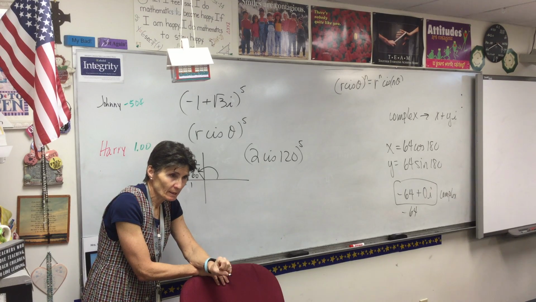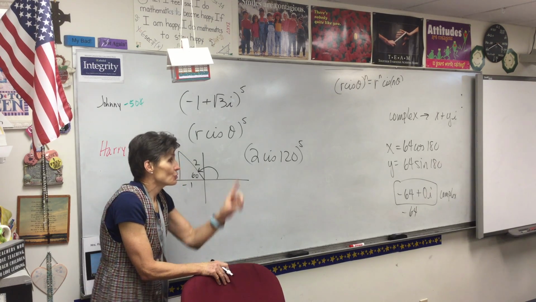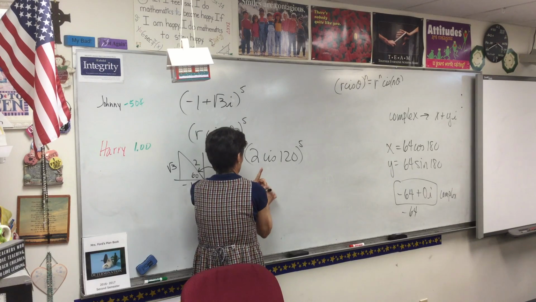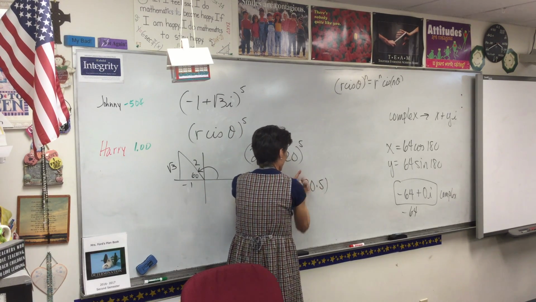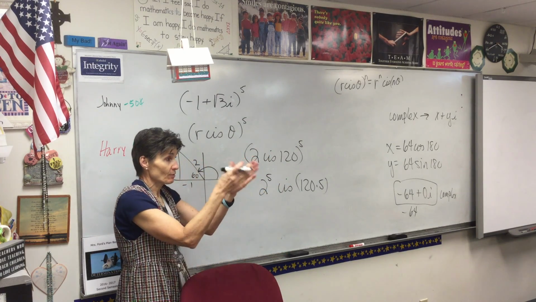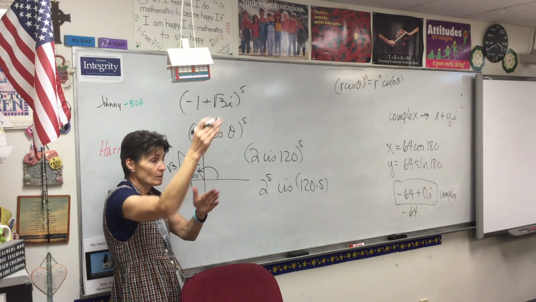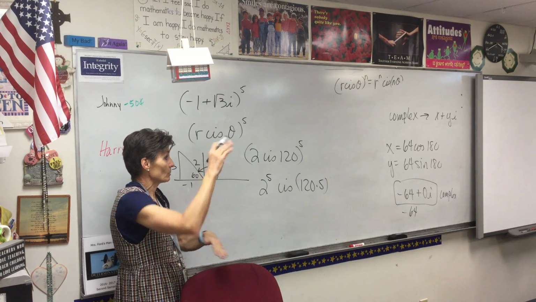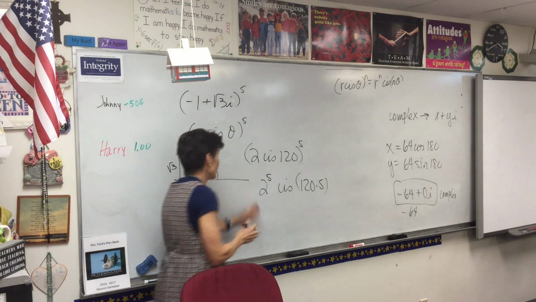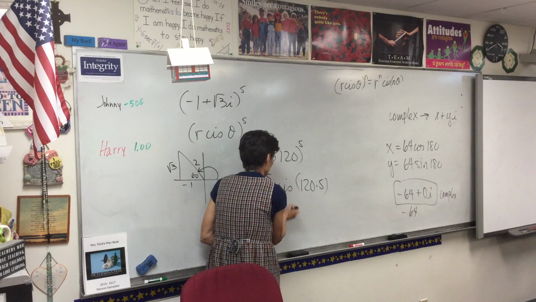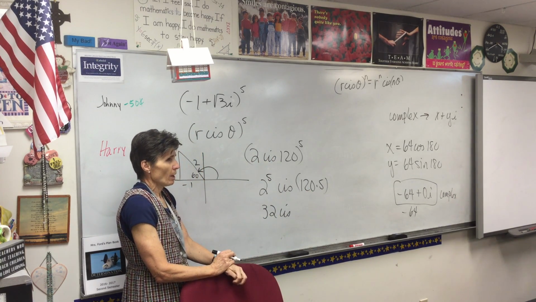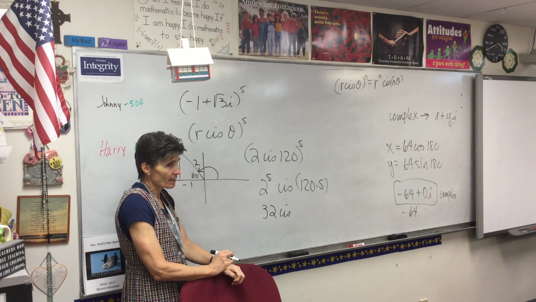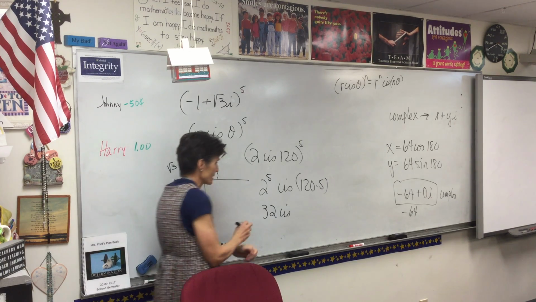What does the theorem tell us to do? 2 to the 5th, and 120 times 5. So we take the radius to the power, and we multiply the angle times the power. So 2 to the 5th is 32. 120 times 5 is 600.